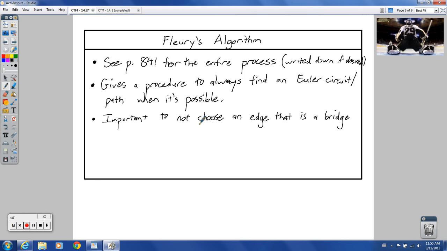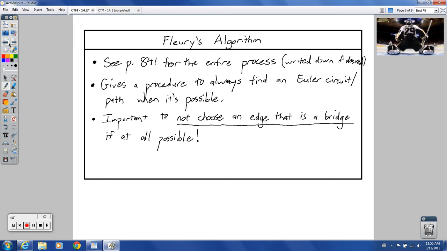And a bridge, remember, in graph theory isn't a thing you cross over water on. It's just something that would make it a disconnected graph if you removed it. So do not choose an edge that is a bridge if at all possible. That's the biggest thing to remember as you go through this. So I'll put a little exclamation point there. Very, very important to be doing that.